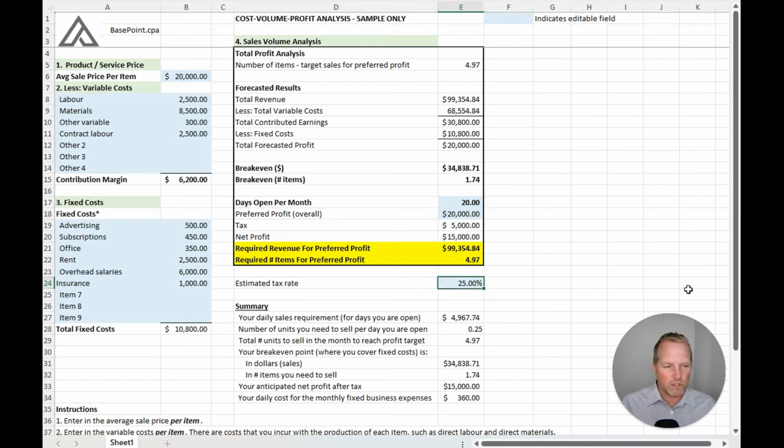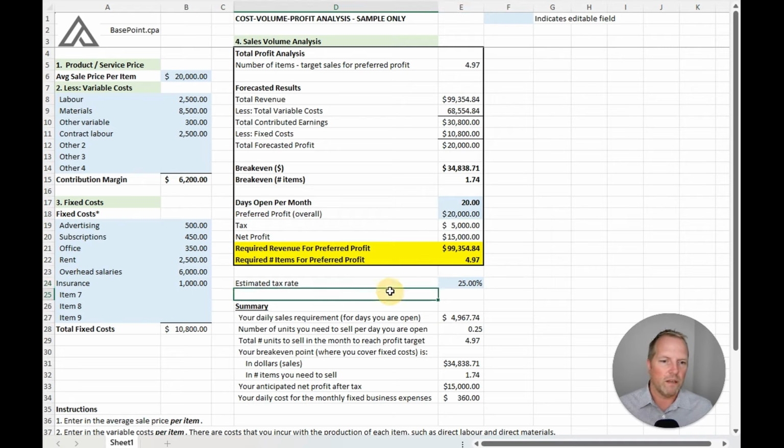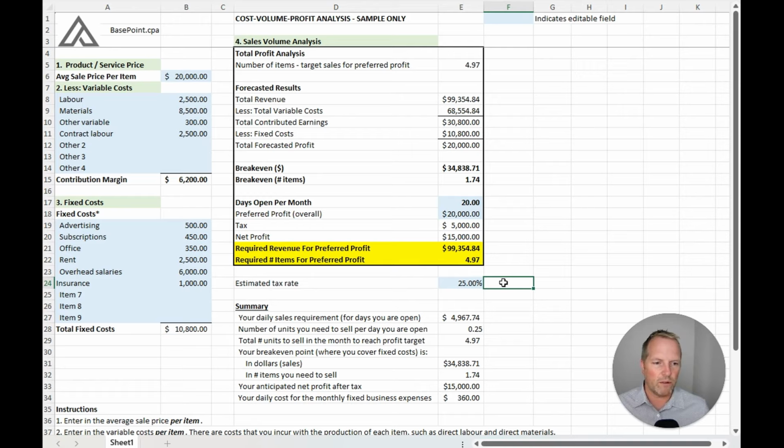Again, there are some assumptions baked into this that would remain constant. Obviously, as you start to take out more profit from the company, this estimated tax rate is going to go up. So you should speak with your accountant about your specific tax rate that you should be anticipating at particular income levels.